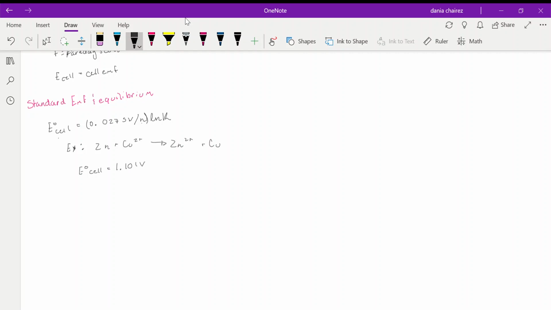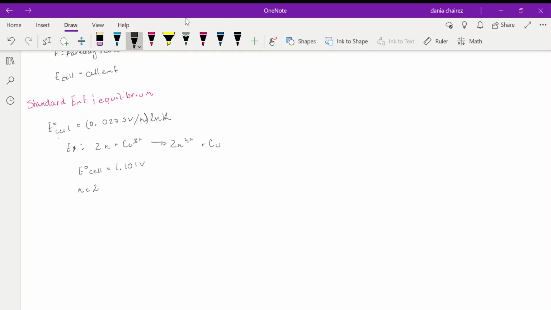And if it didn't give me that in the problem, then we would solve for it just using the table or the values that they give us. And then our n is equal to 2, just because we can see here that we have a 2 plus and a 2 plus, right? Like there's 2 electrons moving around in the whole equation. So n is equal to 2. And that's all we need to plug into this equation.